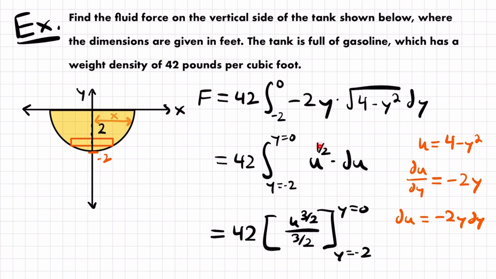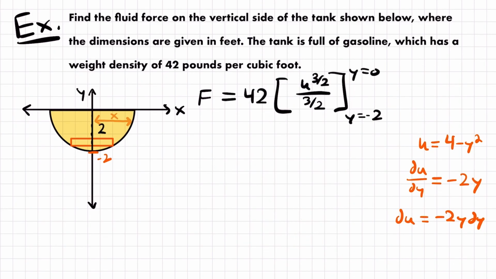Okay, so 1/2 plus 1 is 3/2, and then of course we divide by that new exponent. Now if I clean up my work here, remember that dividing by a fraction is the same as multiplying by the reciprocal of that fraction, and so this will be equal to 42 times 2/3 times u to the 3/2 power evaluated from y equals negative 2 to y equals 0.